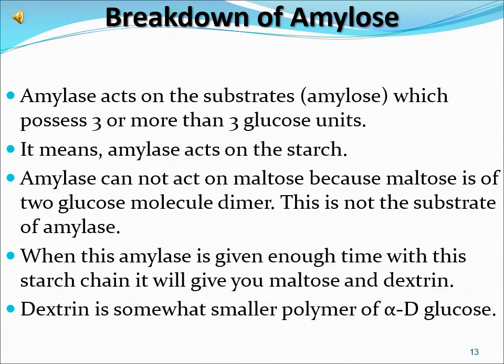Amylase cannot act on maltose because maltose is the 2 glucose molecular dimer. This is not the substrate of amylase. When this amylase is given enough time with the starch chain, it gives you maltose and dextrin. Dextrin is a somewhat smaller polymer of alpha D glucose.